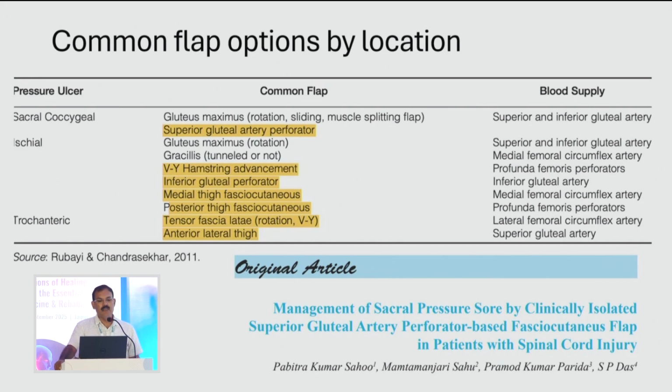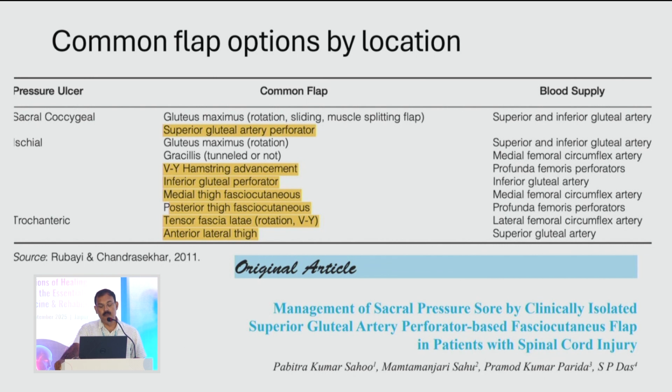So what are the arteries which we depend on for flap closure for sacral closure? Basically superior gluteal artery or inferior gluteal artery. For ischial pressure sore, we depend upon the inferior gluteal artery or the medial circumflex femoral artery. For trochanteric sores also we depend upon the profunda femoris or the medial circumflex femoral artery.